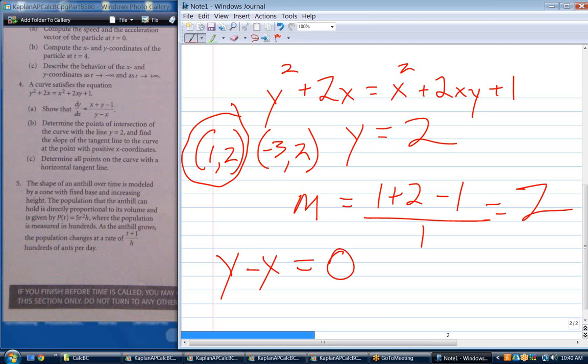Because if y minus x were equal to 0, in other words, if y were equal to x, that first derivative would be undefined. If we go up and look at this first derivative here, notice that y cannot be equal to x. Oh, okay, I see what you mean. And that would be a restriction on the thing.